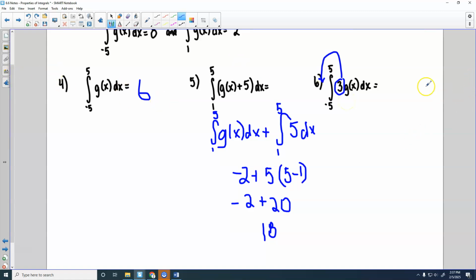So 18 is the correct answer here. You're just doing 3 times that integral, which is 6, and that'll be 18. If it was a 3 alone, 30 would be the correct answer. But with the g of x, you're pulling that out. Okay?